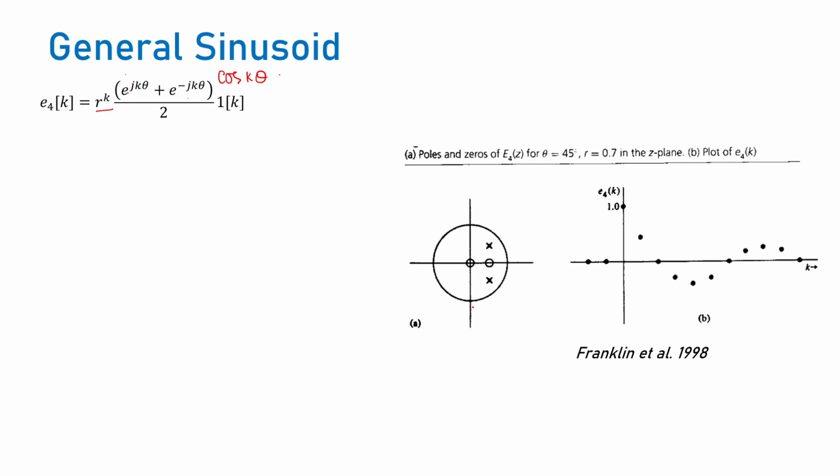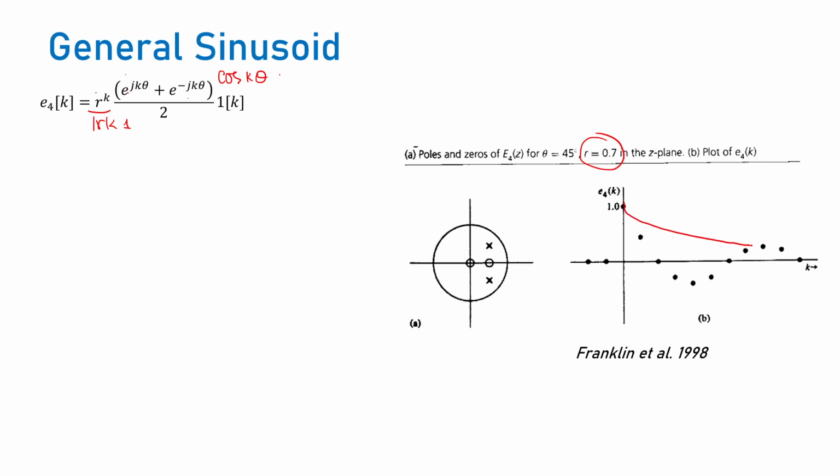Then let's find the Z transform and find the location of the poles. Actually, from this one, you can draw the signal in the k domain, like here, when you choose r less than 1, I mean absolute value less than 1. For example, if r equals 0.7, you have the amplitude of the cosine decaying, right?